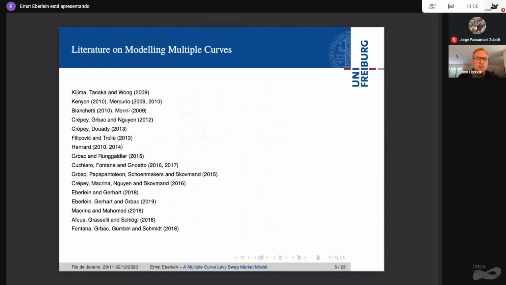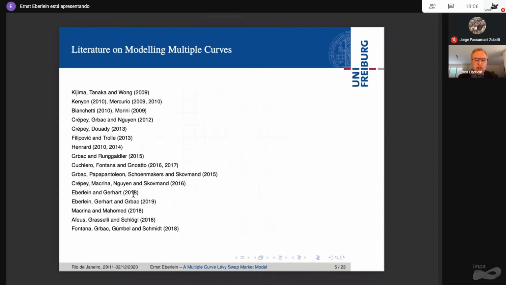Most of the papers in this list consider the instantaneous forward rate, in other words, the Heath-Jarrow-Morton approach. This includes, for example, this paper with Christoph from 2018. Some other papers go immediately to the LIBOR market approach, and this can be developed in multiple curves as well.